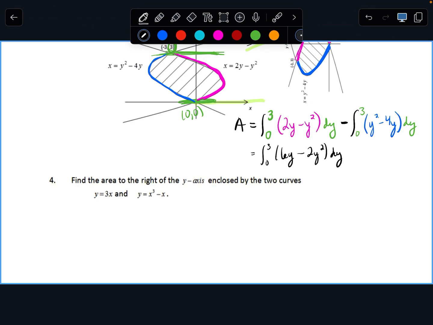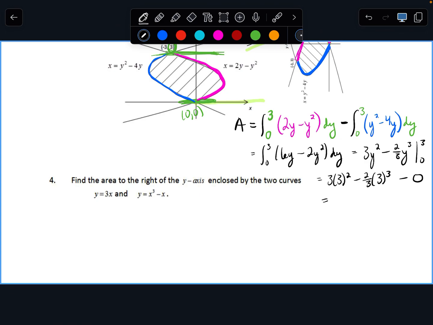So then, doing an antiderivative, it would be 3y squared minus 2/3 y cubed from 0 to 3. And you plug in your numbers. So you're going to go 3 squared minus 2/3 times 3 cubed, and then minus 0.